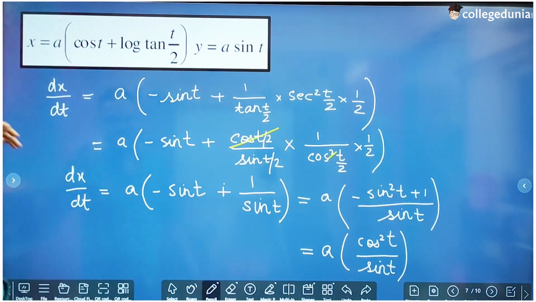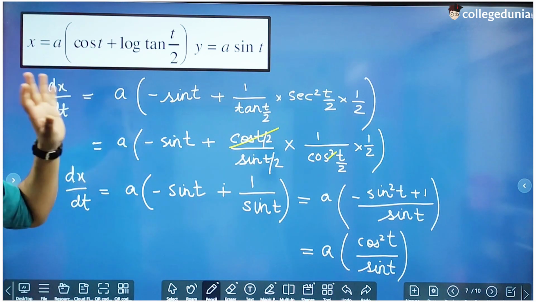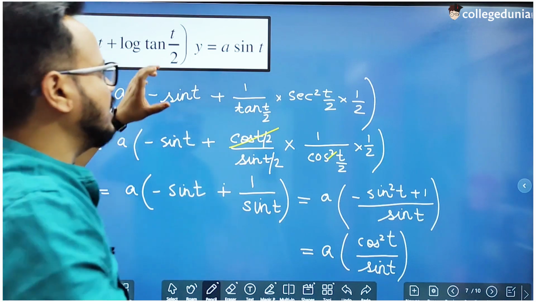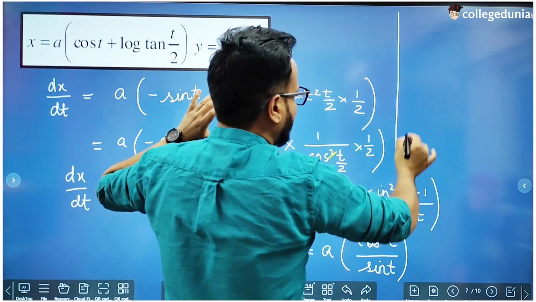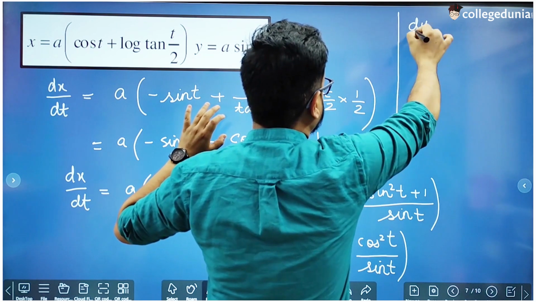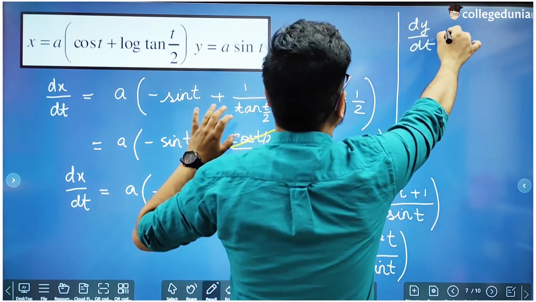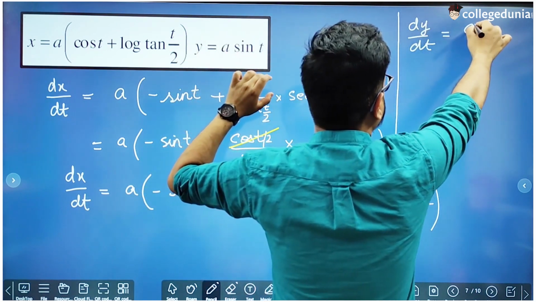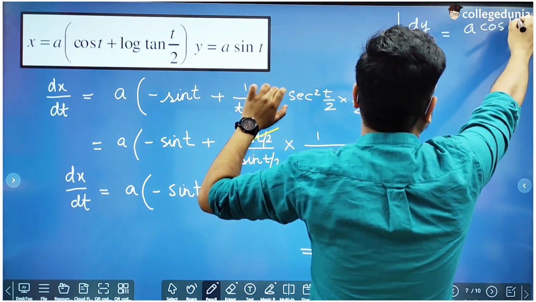So it is the simplest form of dx by dt. Now let us find dy by dt, which is a very simple function. So dy by dt would be a very small term, which is simply the derivative of a sin t, which is a cos t.